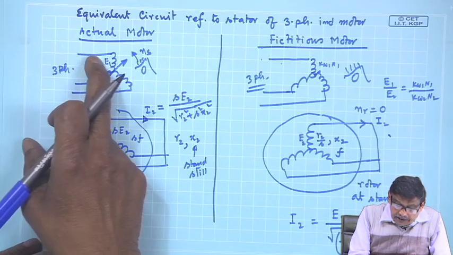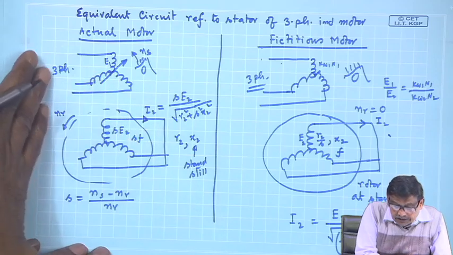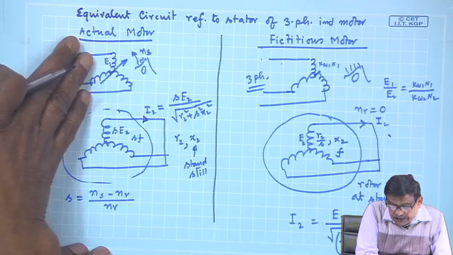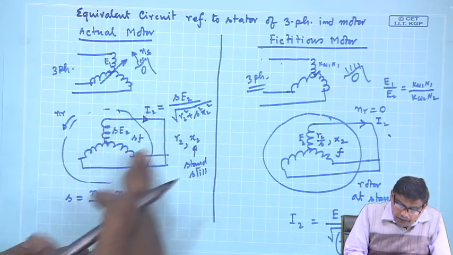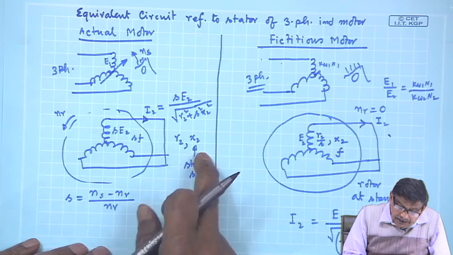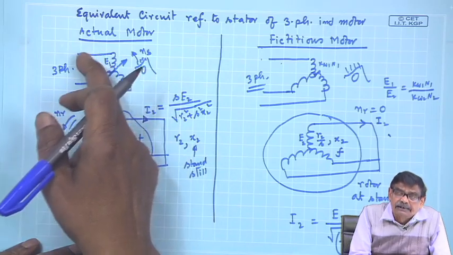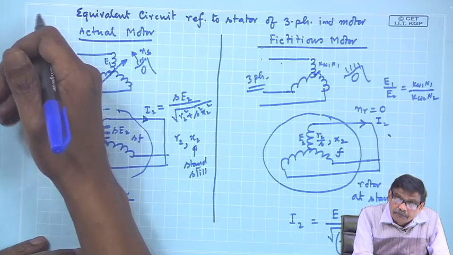So, the only source of input power is through this port, through the stator, there is no other source connected. So the total power, that is the copper loss in the rotor and the mechanical power, and if there is stator resistance, the stator copper loss, this total real power must come from this.